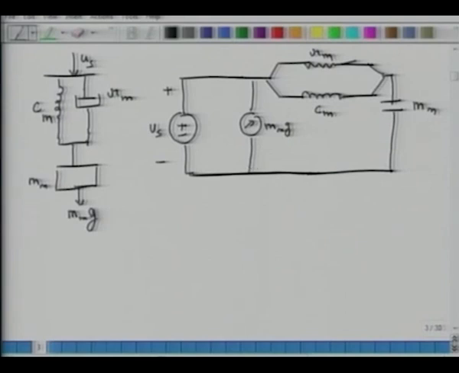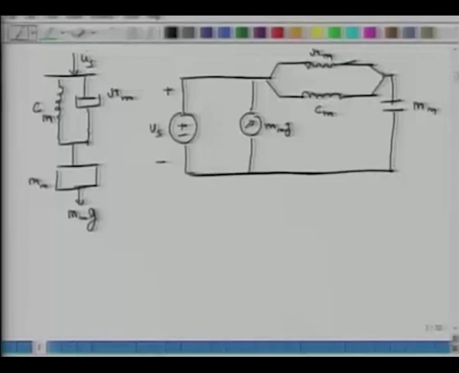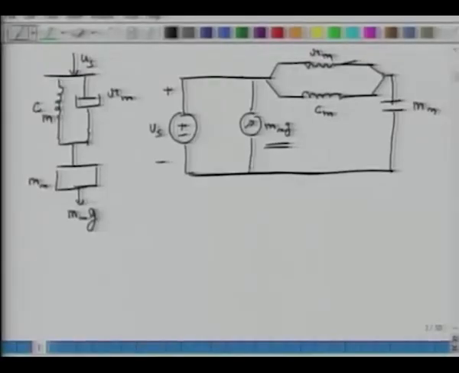So in this case, initially when the thing is set up and it has no excitation of us, I can solve using this current source of mm times g, and basically that will give me a DC offset in the whole displacement and velocity, right? And then once I have that, velocity will be 0 because it is a quasi static situation, but the mass will move down a little bit, then after some time it will stabilize.